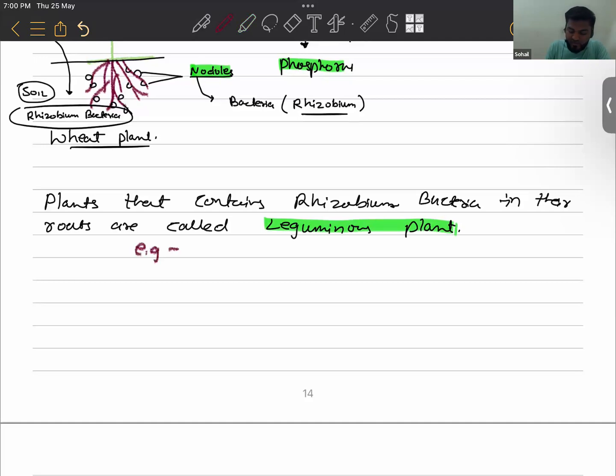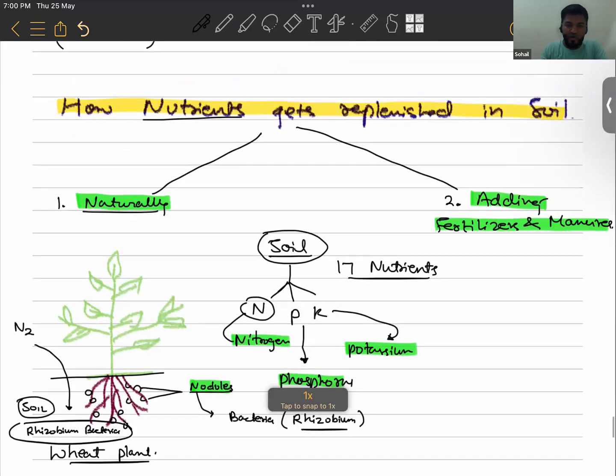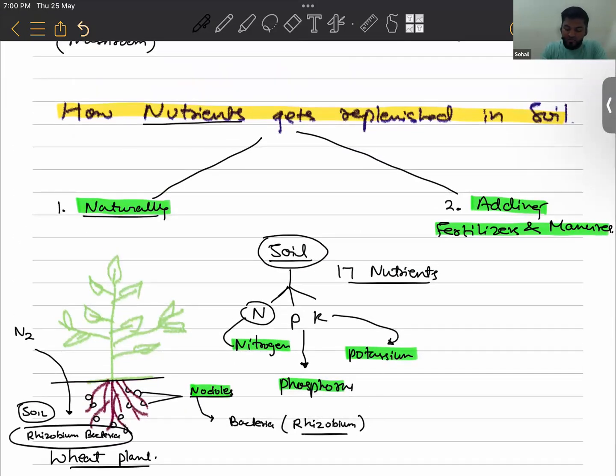One example of it is the wheat plant. Okay. So this is how we replenish the nutrients lost in a natural way.